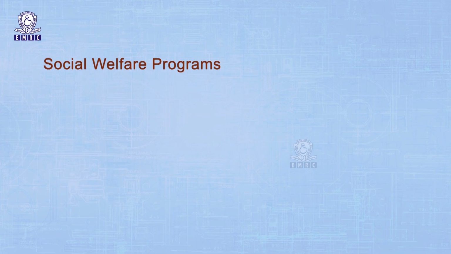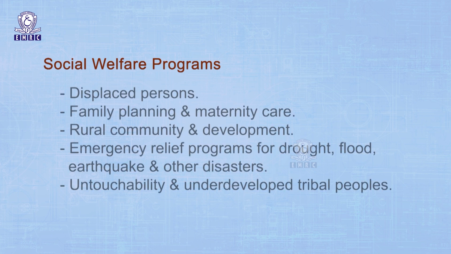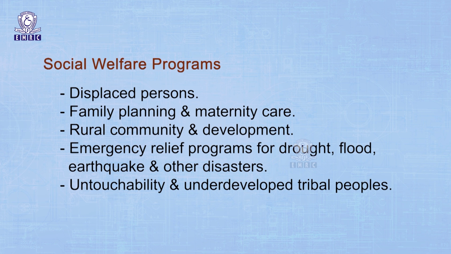Other social welfare programs cover displaced persons, family planning and maternity care, rural community and development, emergency relief programs for drought, flood, earthquakes and other disasters, untouchability and underdevelopment of tribal people.